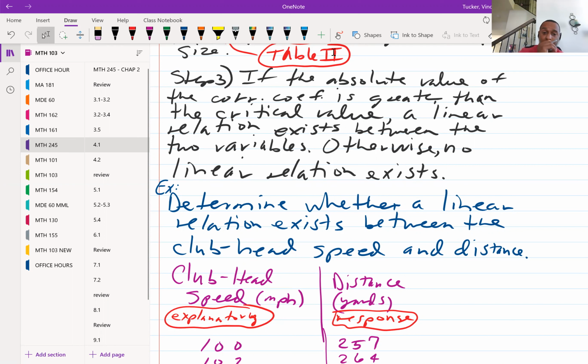So your explanatory variable is the club head speed, and your distance is the response variable. The ball's travel is responding to how fast the club head is moving when it hits it.